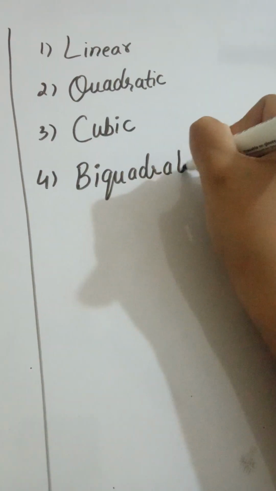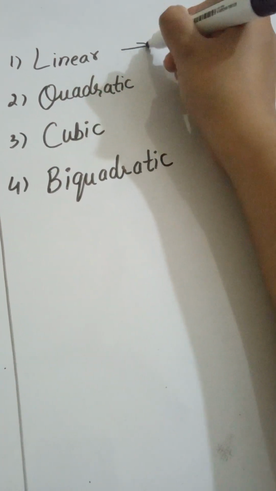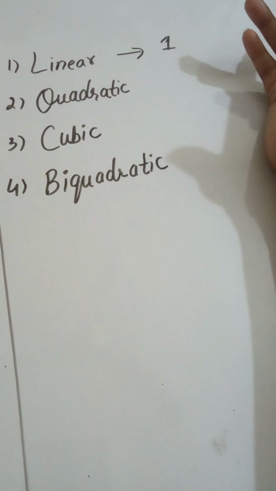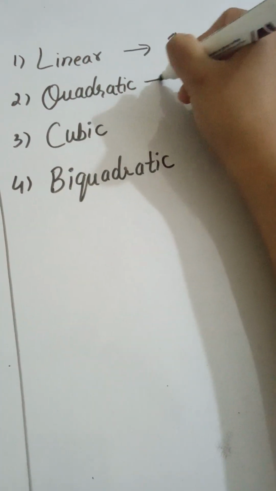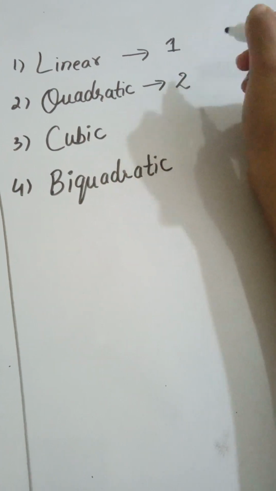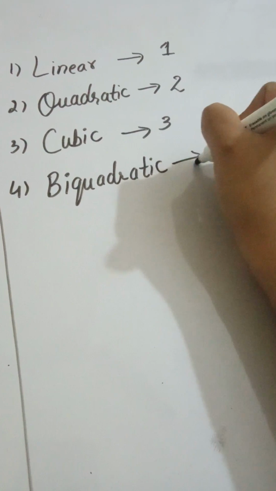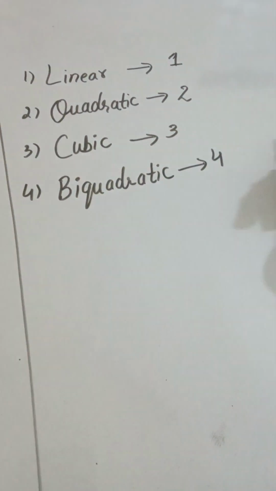I'll tell you in short what is the highest power of a linear equation. That is 1. The highest power of the variable will be 1. No higher power than 1 should be in that equation. For quadratic, the higher power of the variable is 2. For cubic, the higher power of the variable is 3. And for biquadratic, the higher power of the variable is 4. Just like the numbering or order I have written.